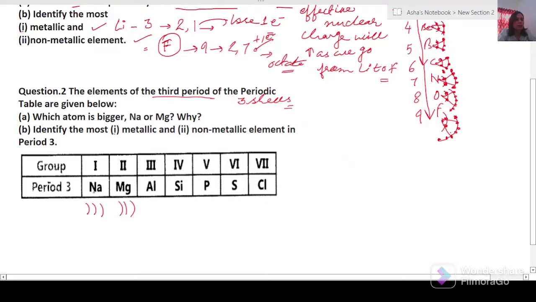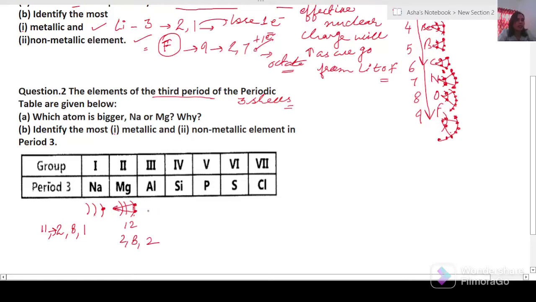But the atomic number of sodium is 11, so it will be 2, 8, 1 here, right? Magnesium is 12, so it will be 2, 8, 2. So obviously here in the last shell there is only 1 electron, and here there are 2 electrons. So again the effective nuclear charge will be more here. With more force they will be pulled towards the center of the nucleus in the magnesium atom as compared to the sodium.